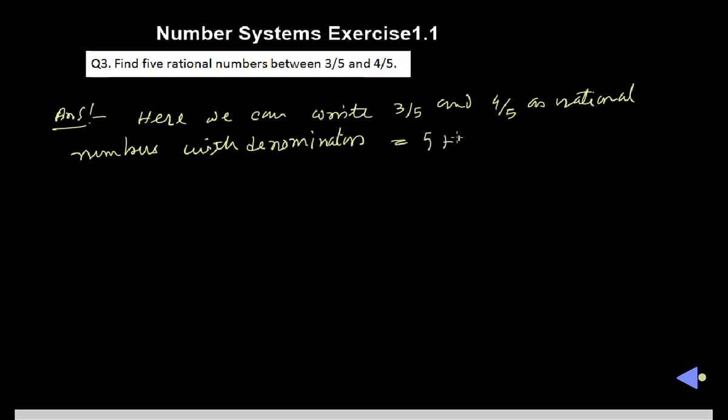Since it is 5 plus 1, that means 6. We have to multiply both the rational numbers by 6.